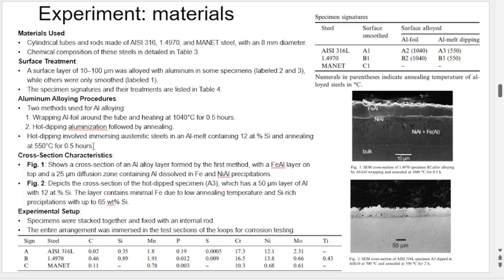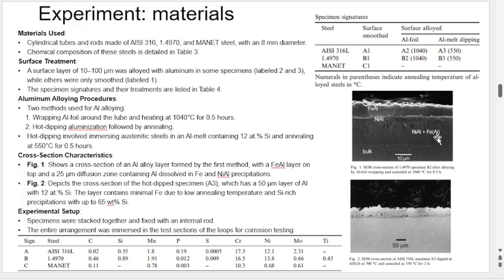Hot dipping involves immersing the stainless steel in aluminum melt containing 12% of silicon and annealing at 550 degrees C for half an hour. As for the cross-section characterization, figure 1 shows the 1.4970 material or B2 after alloying by aluminum foil wrapping. As you can see, the upper part is an iron aluminum layer, below that nickel aluminum, then nickel aluminum and iron aluminum, and then the bulk material.